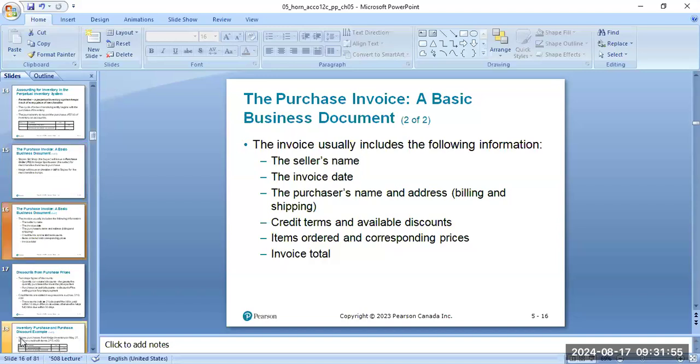On the invoice, they usually have the seller's name, invoice date, purchaser's name and address, credit terms, available discount, items that have been ordered, corresponding price per unit, and invoice total.